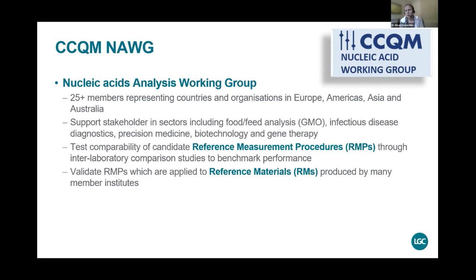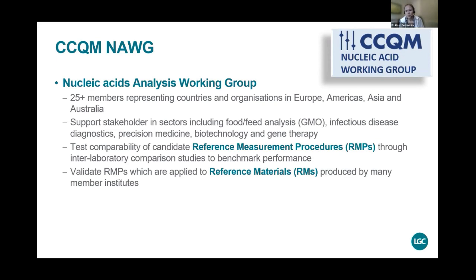Essentially we test the comparability of candidate, often primary, reference measurement procedures through interlaboratory comparison studies, which benchmark performance and also then lead to calibration and measurement claims which the institutes can claim, and then the evidence for that performance is also kept in a database which is organised by BIPM. So again, it really supports international comparability.